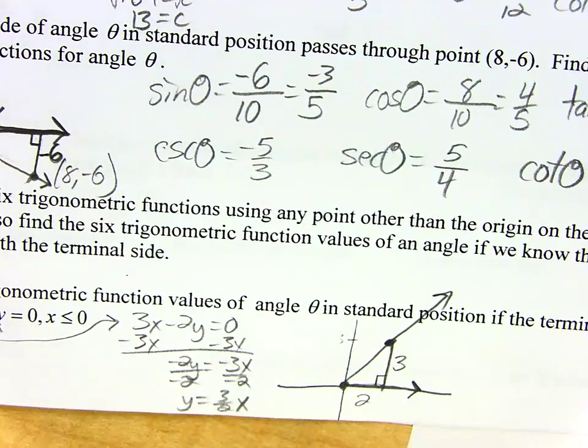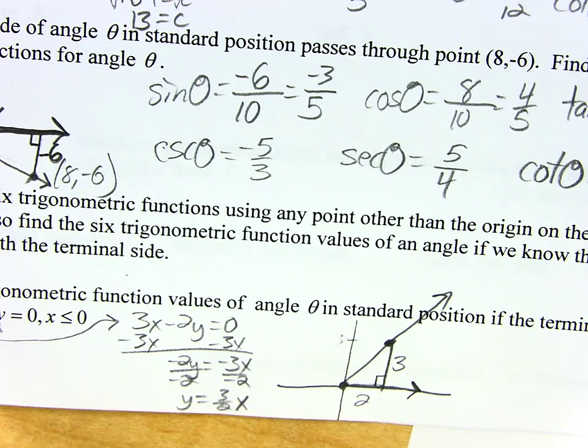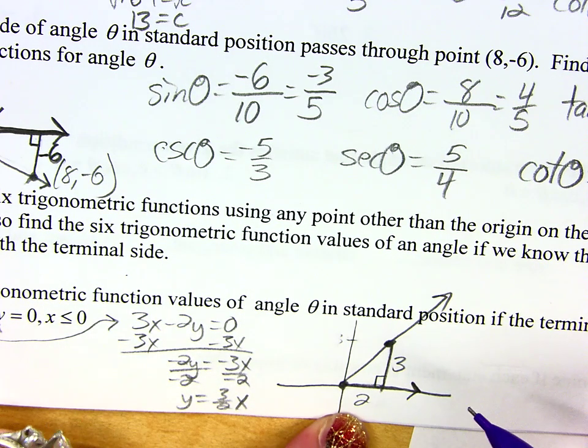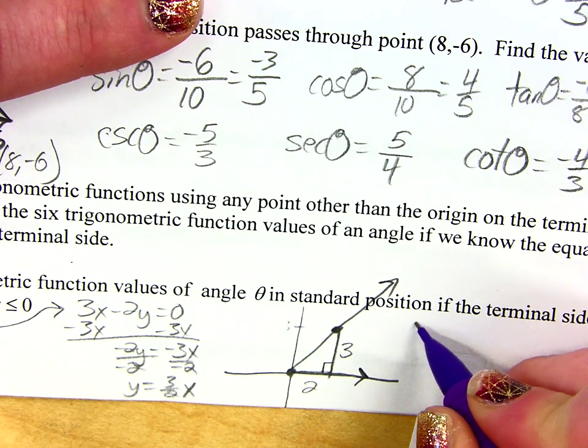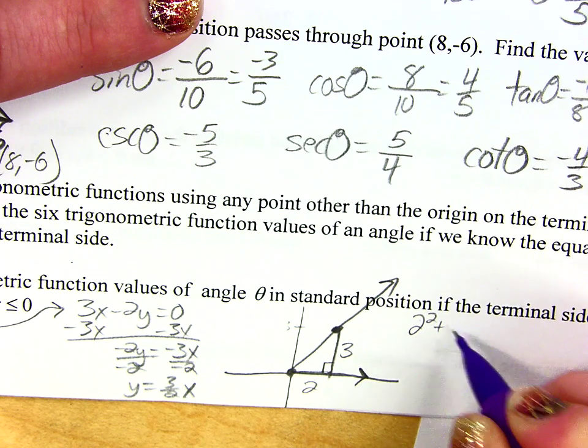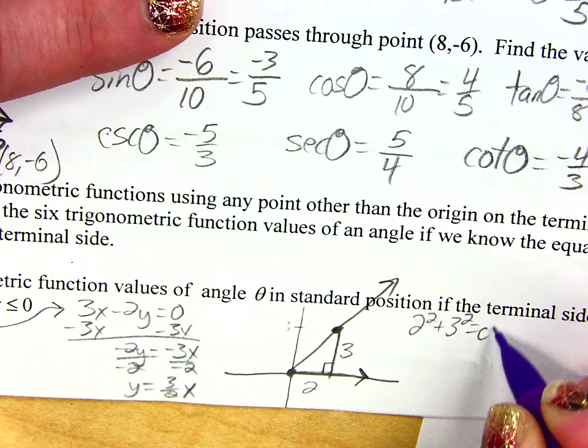Okay. Great, now I have x and y, all I need is r, and then I can do the ratios just fine. So we just have to find r. Unfortunately, this is not a Pythagorean triple, so I'm going to have to do it out. So a squared plus b squared equals c squared.